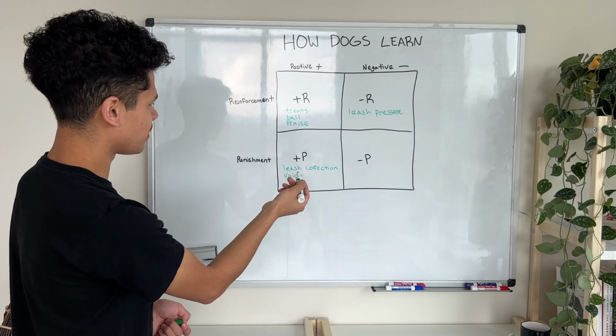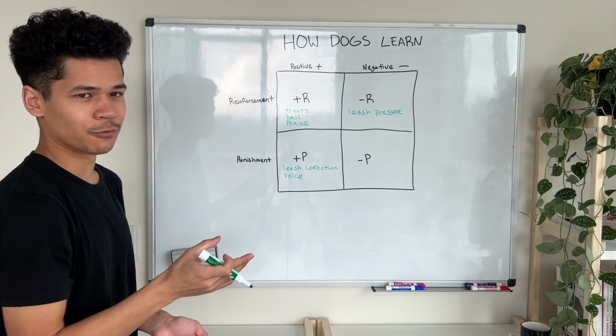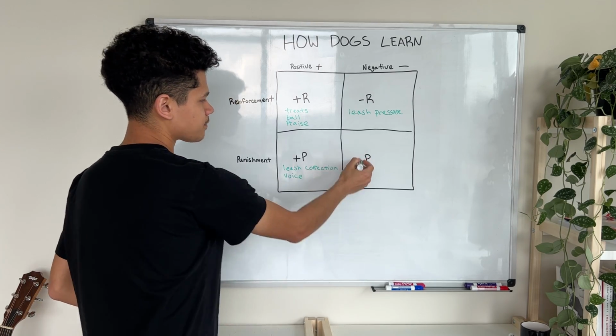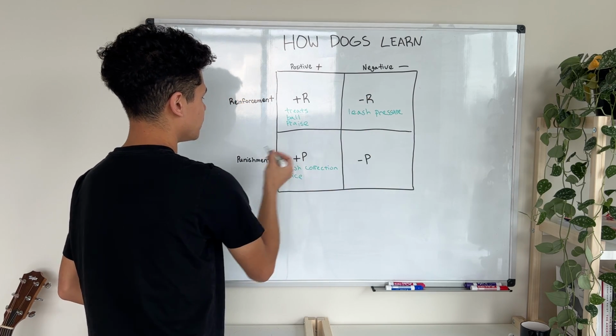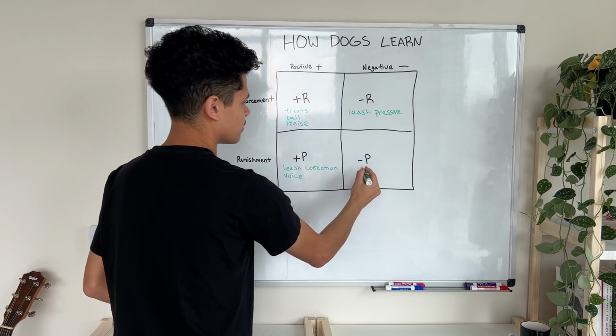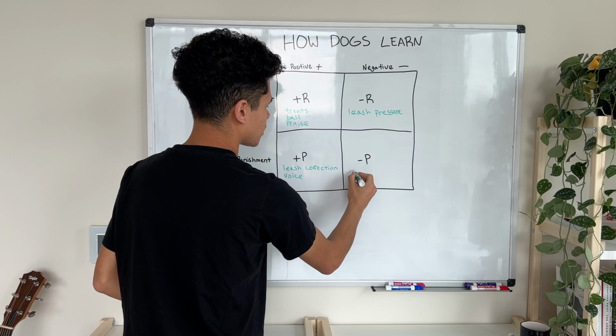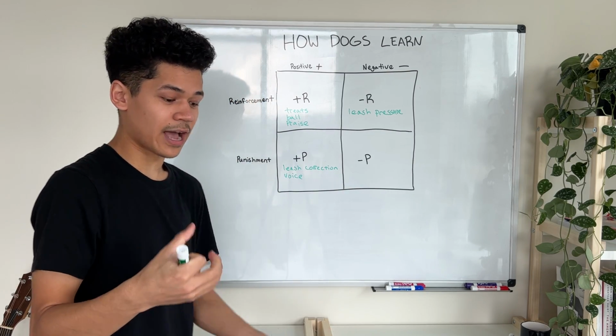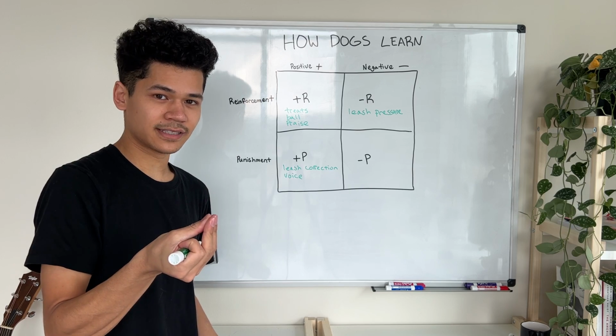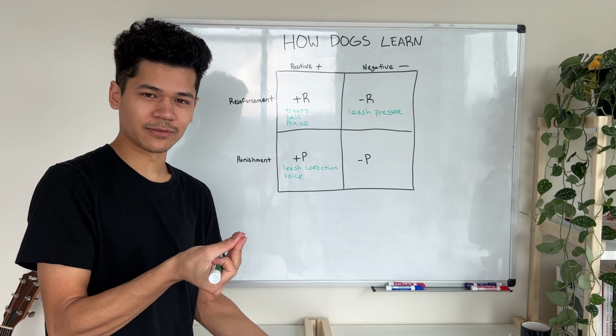And then negative punishment is a bit more rare in the training process, but it's basically when you're removing something because you want to punish a behavior. So this could be like withholding treats or withholding a ball. You ask for a sit, you have treats, but then they don't sit, so you don't give them treats, right?